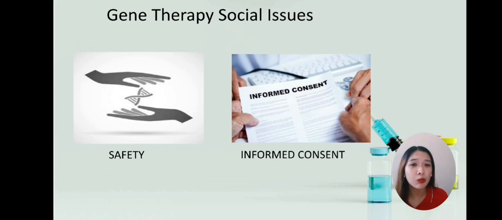Some people worry that it is impossible to obtain informed consent for germline therapy because the patients affected by the edits are future generations. The counter-argument is that parents already make decisions that affect the future of their children.